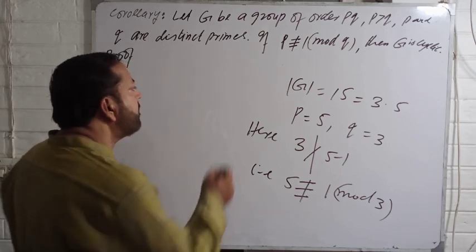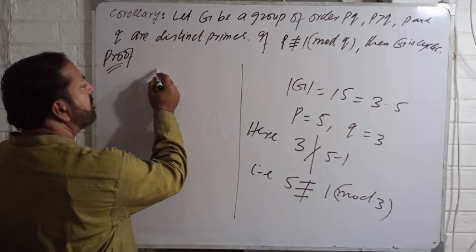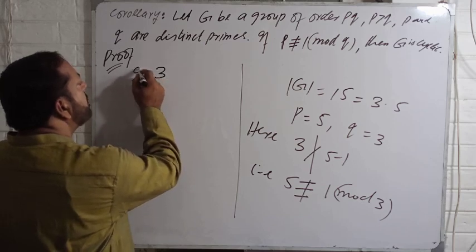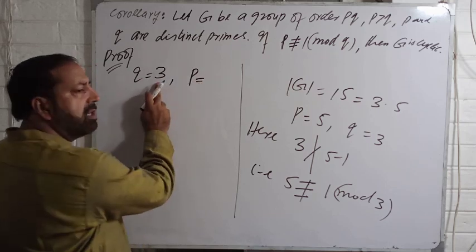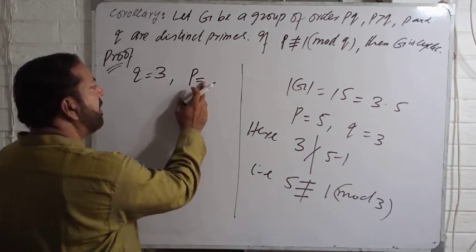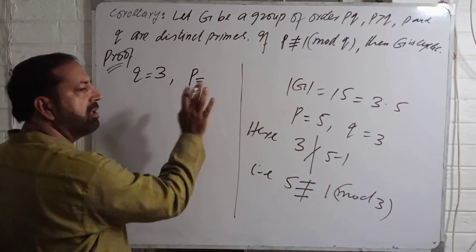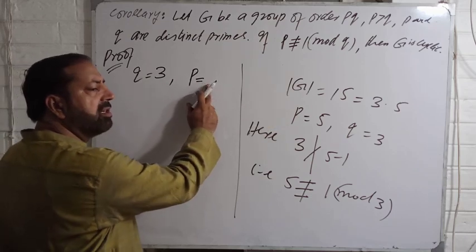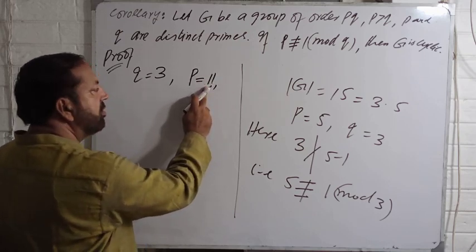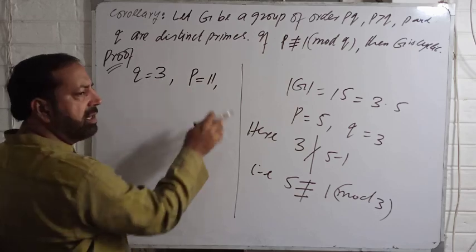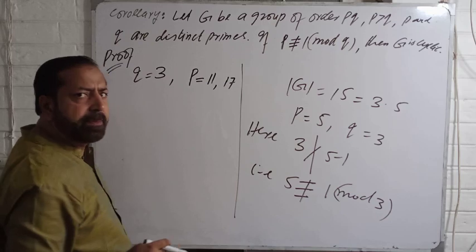Okay. Now you can also have some other cases. You choose Q is equal to 3, and choose P where 3 does not divide P minus 1. If you take 5, we are done. If you take 7, then 3 will divide 6, leave it. If you take 11, fine; you take 13, 3 divides 12, so no; and you take 17, fine.